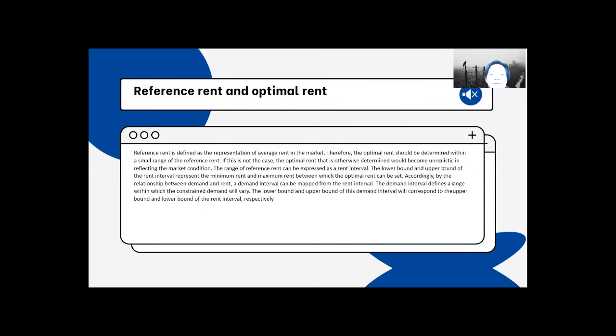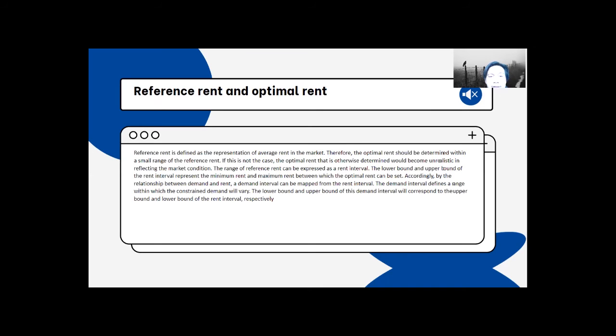For the next, reference rent and optimal rent. Reference rent is defined as the representation of average rent in the market. Therefore, the optimal rent shall be determined within a small range of the reference rent. If this is not the case, the optimal rent that is determined will become unrealistic in reflecting the market condition.